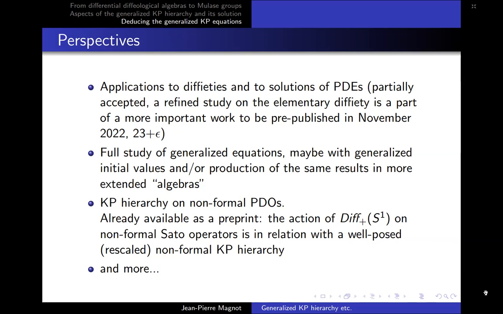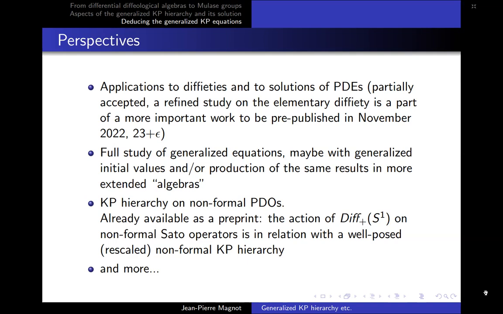So there is actually a proceeding paper which has been accepted a few days ago, and we have a more complete study on the elementary difficulty, so on a difficulty on jets, and with respect to a differential or to a true PD partial differential equation, and so on.